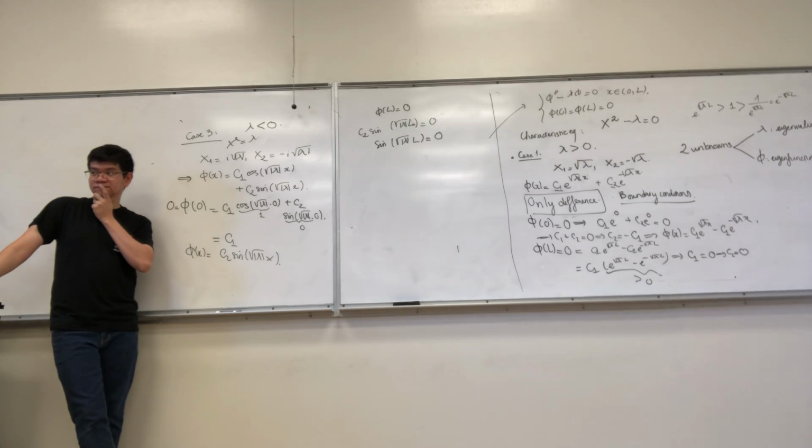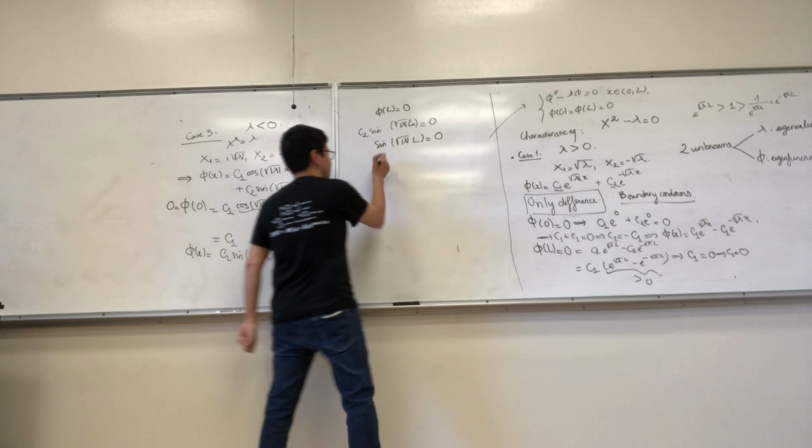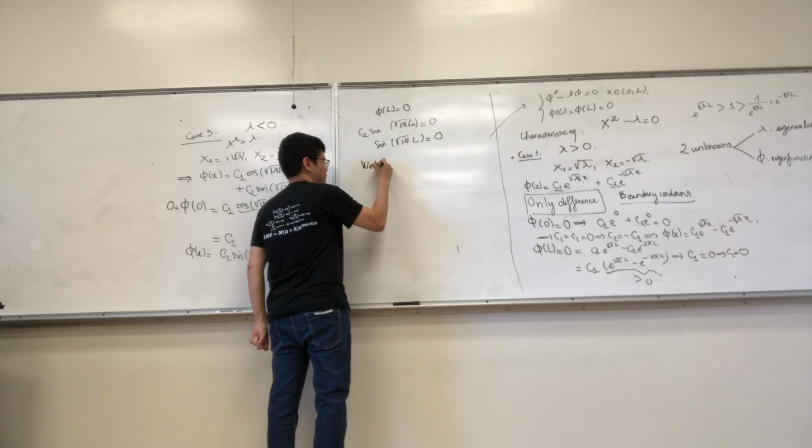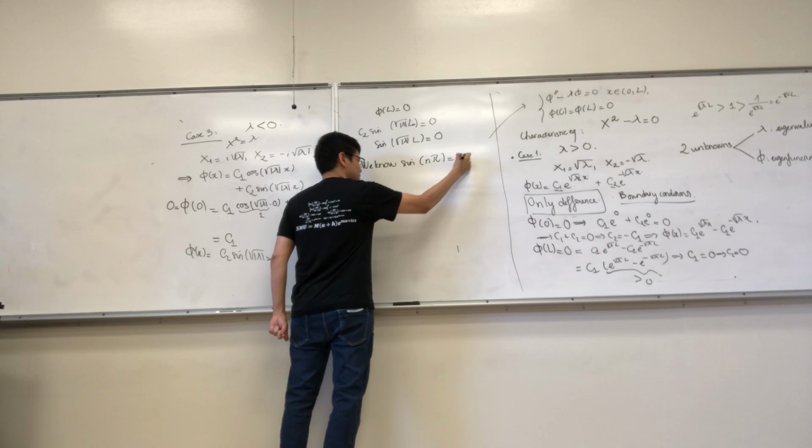So sine of what is 0? The square root of the absolute value of lambda times L equals n pi. We know that sine of n pi is 0.